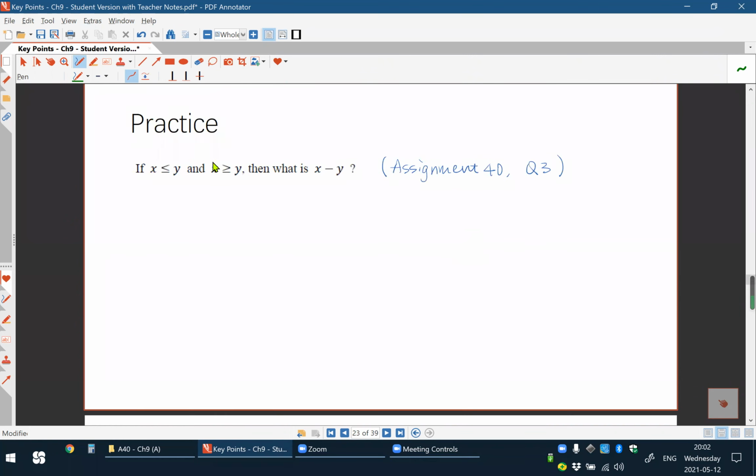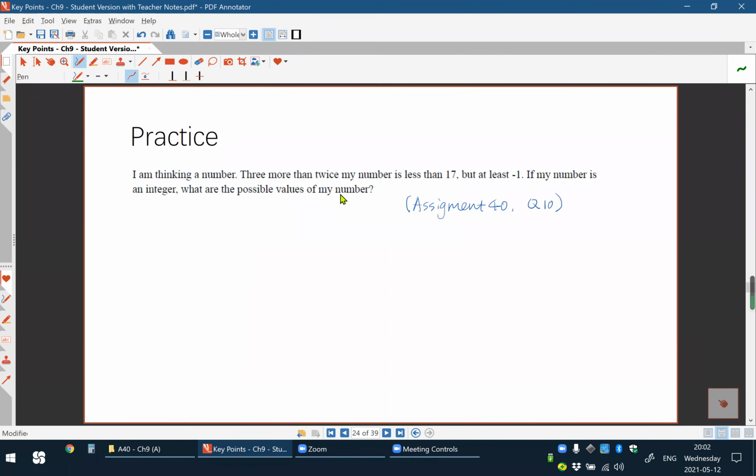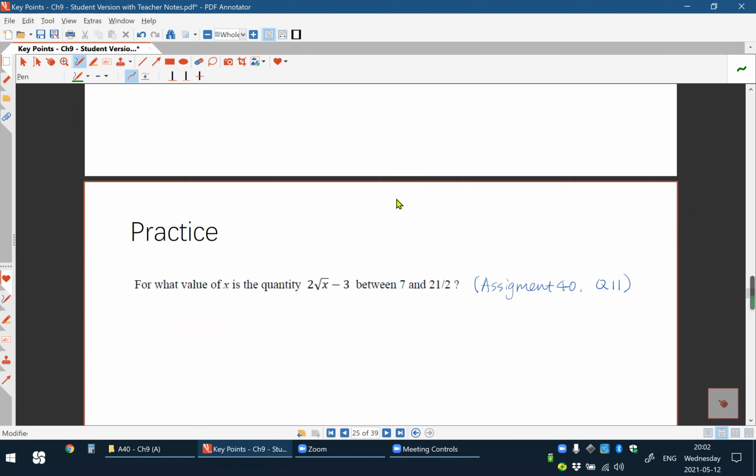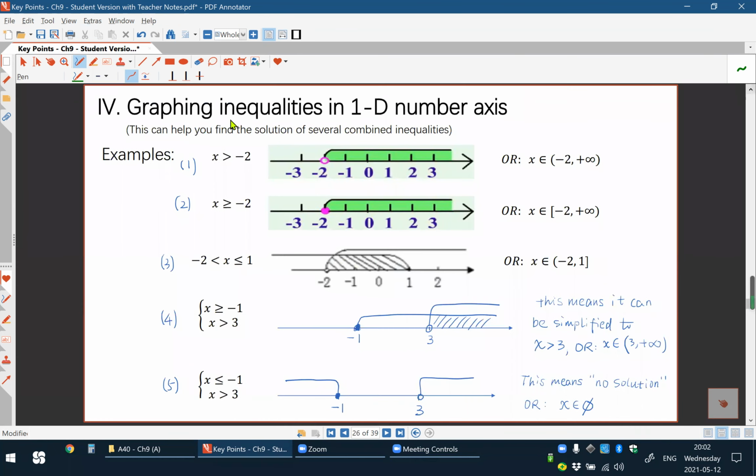So please complete these 2 practices on your worksheet and submit that onto Google Classroom after this class. Okay. All right. Key point 4 is how do we graph inequalities on a 1D number axis?